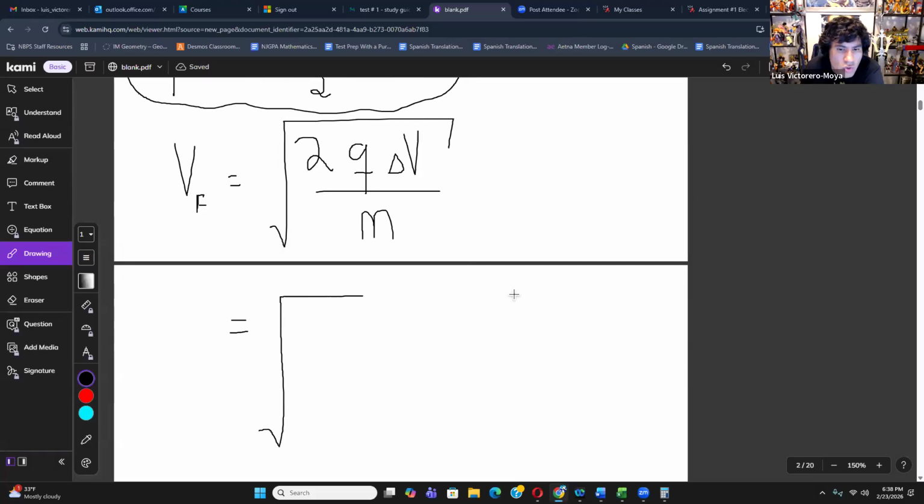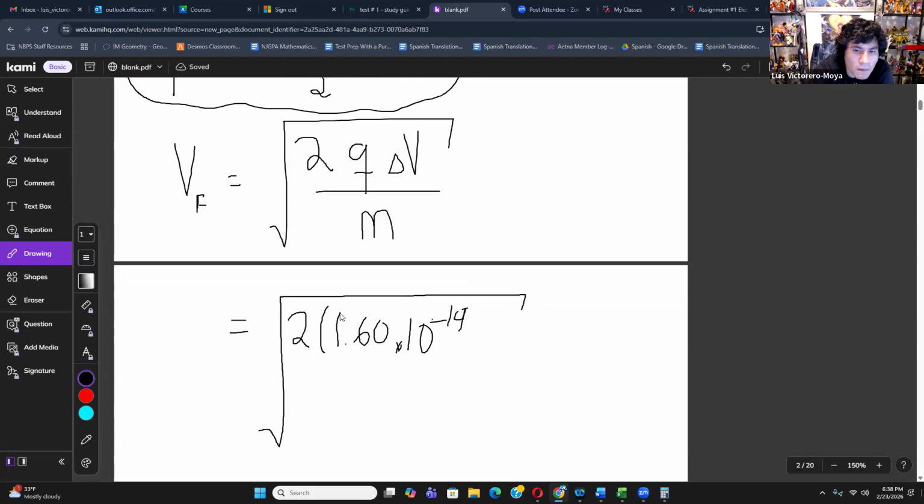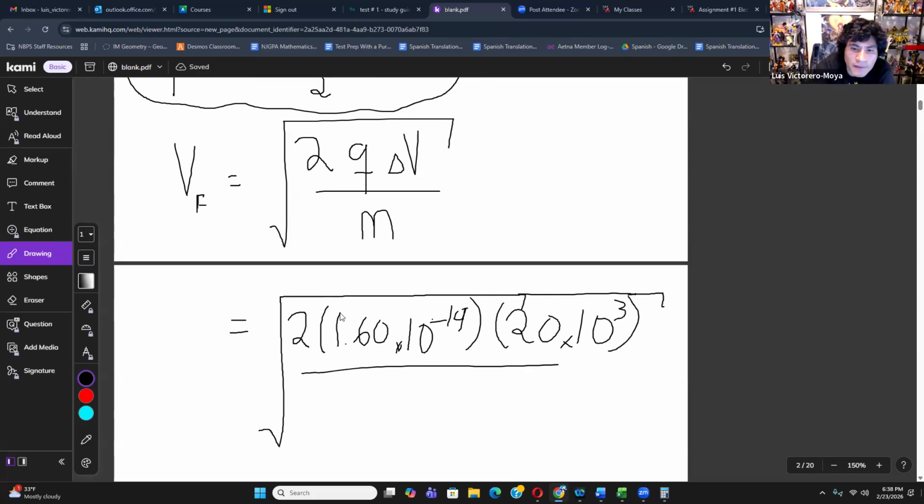So 2 times 1.60 times 10 to the negative 19, multiplied by 20 kilovolts, which is 20 times 10 to the 3, divided by the mass, which is 1.67 times 10 to the negative 27 kilograms.